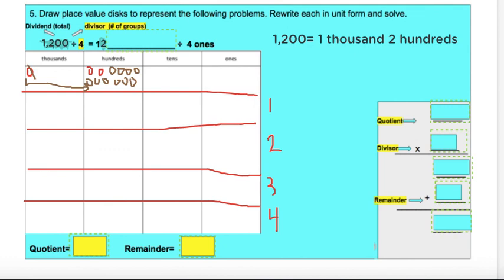And now altogether, you found out that there are 12 hundreds inside of 1,200. Then you should have distributed. Make sure you're checking your work against what Ms. Turner's doing.